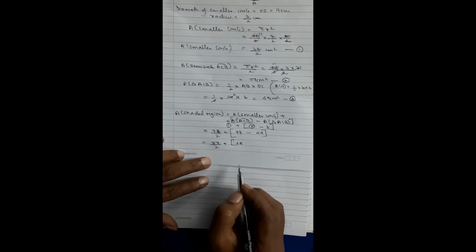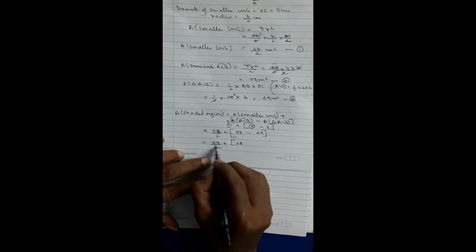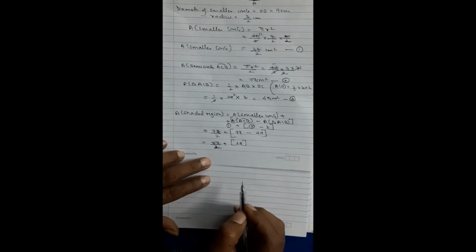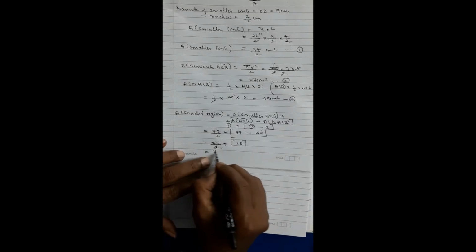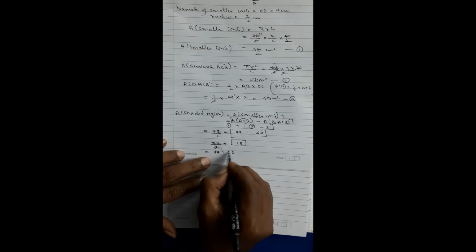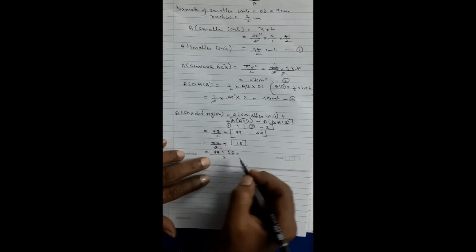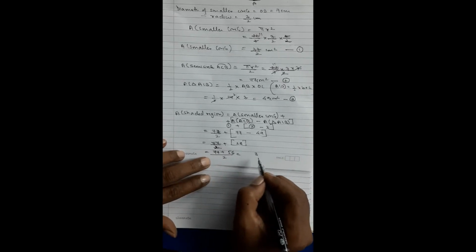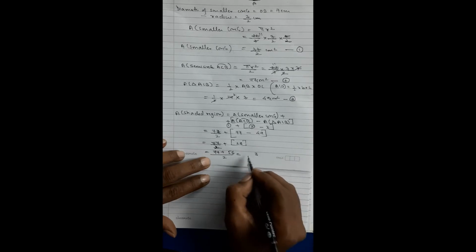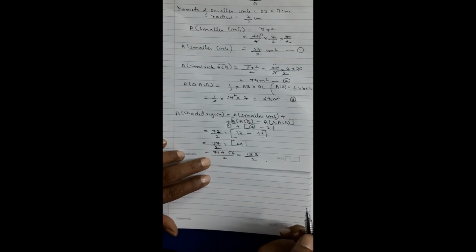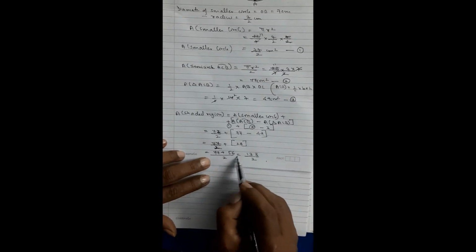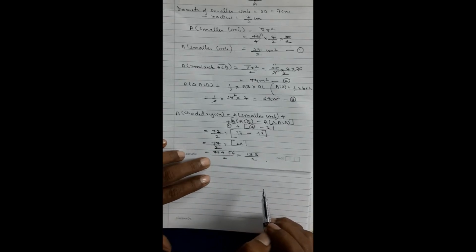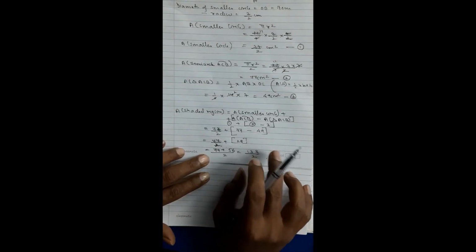So this is adding, sorry, not multiplying. 77 upon 2 plus 28. If I go to solve this, 77 plus 56 upon 2, that will be 133 upon 2. Did it match or not?